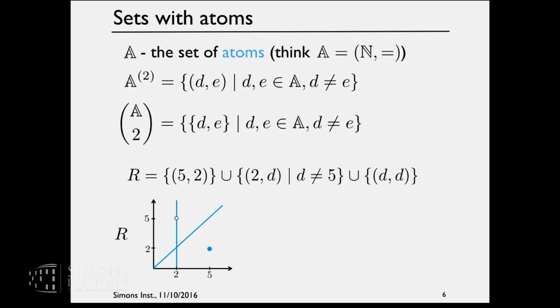This is a binary relation on the set of atoms, which is now different from these two examples. This is defined using 2 parameters, two concrete atoms, 5 and 2. And well, this is the definition. It's definable in the sense explained by Mikołaj on Monday.